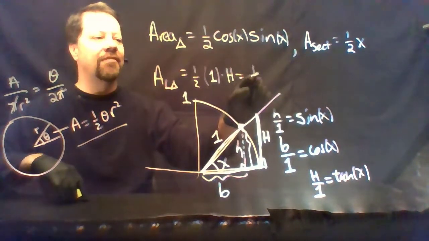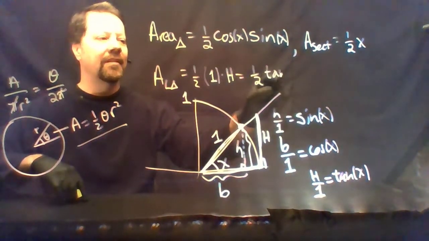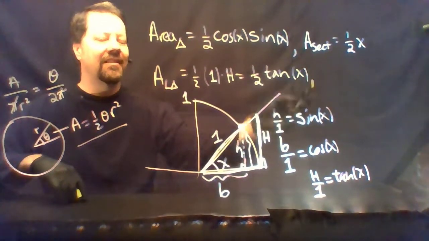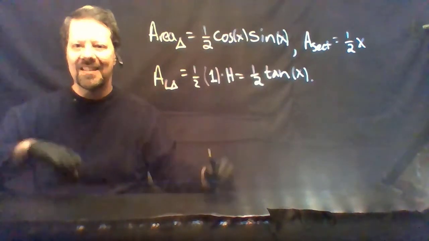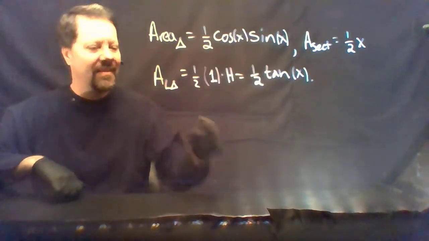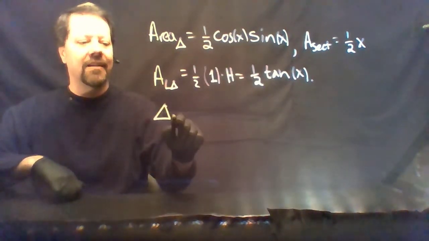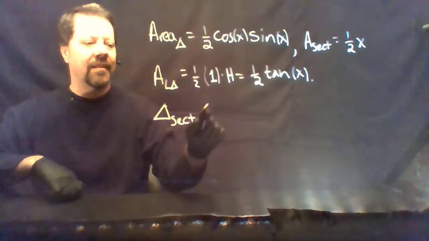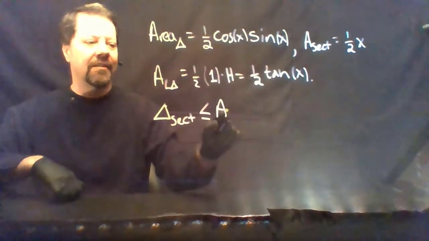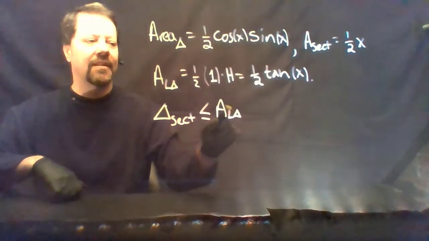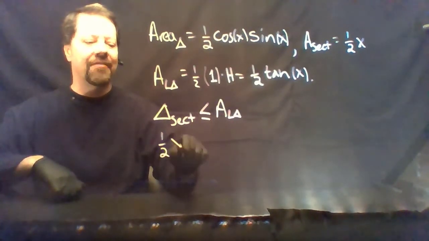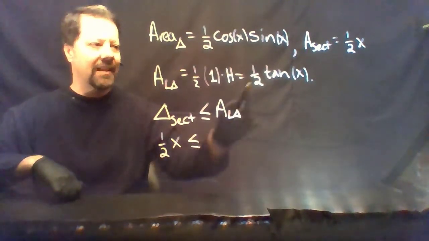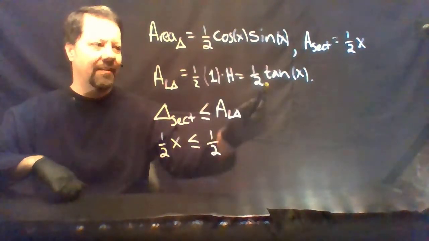So we have 1/2 the tangent of the angle x. Now, let's make sense of all of this. We know that the area of the sector is less than or equal to the area of the large triangle. What does that mean? It means 1/2 x is less than or equal to 1/2 tangent x.